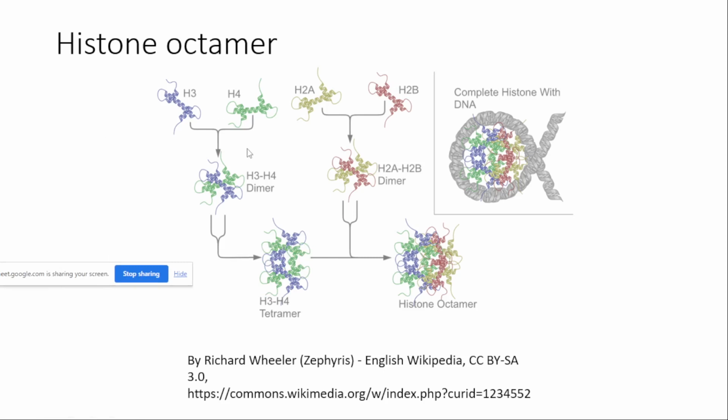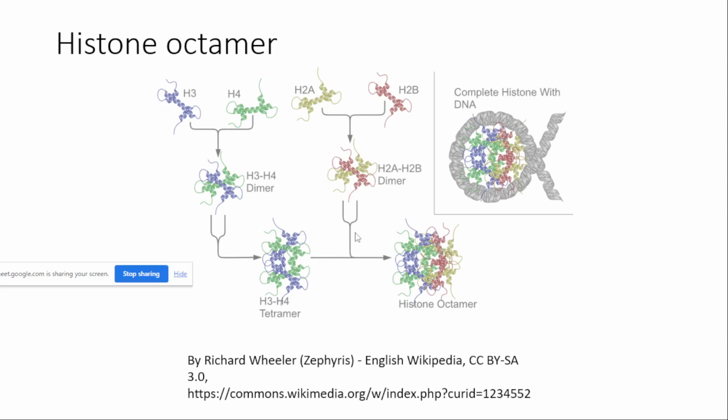First, two histone subunits, H3 and H4, will come and make an H3H4 dimer. H2A and H2B, the other two subunits of histone, will come and make a dimer. After this dimer formation, the H3H4 dimer and another H3H4 dimer will make an H3H4 tetramer.